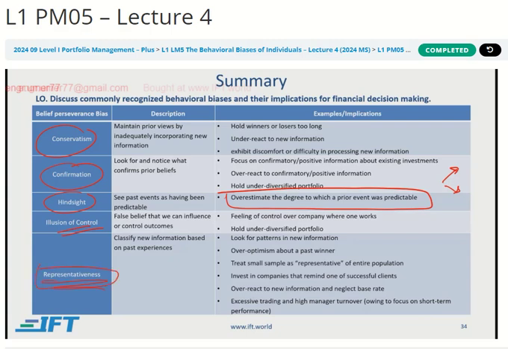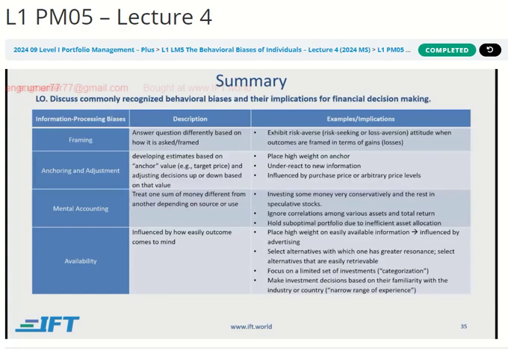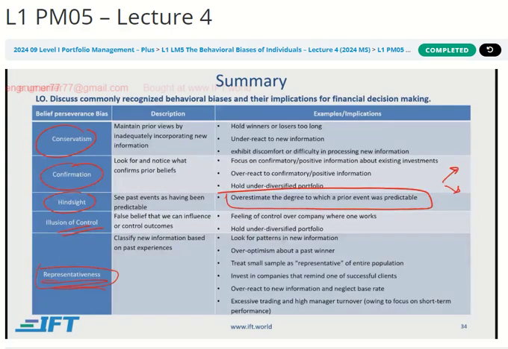Representativeness, this is a confusing one, because it's easy to confuse it with availability, right? Availability is something which says you put more weight on the information which is easily available. That is different than representativeness. Representativeness is you take that new information, but you look at it from the perspective of your previous experience, right? So your past experience.